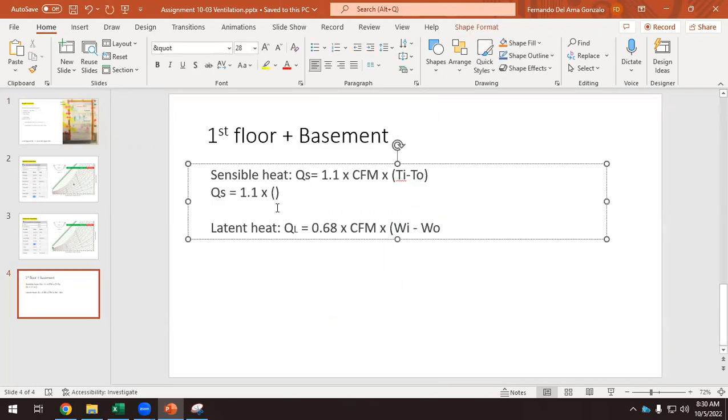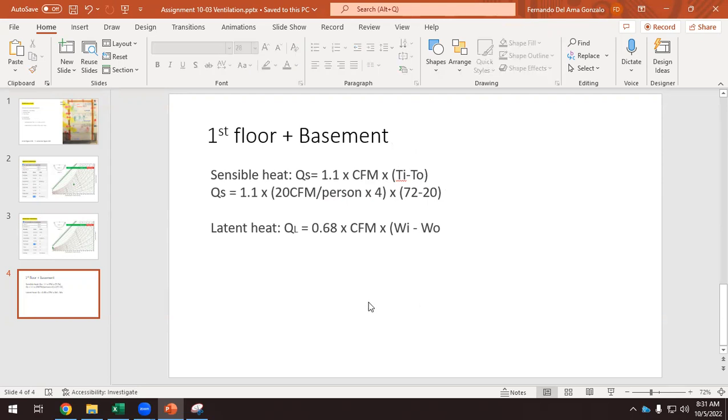Okay, so this is 20 CFM per person times 4, because we are in the first floor and the basement. And then times indoor minus outdoor temperature. So indoor temperature is 72, outdoor temperature is 20.